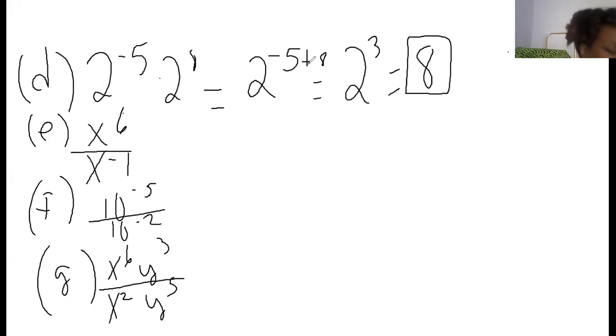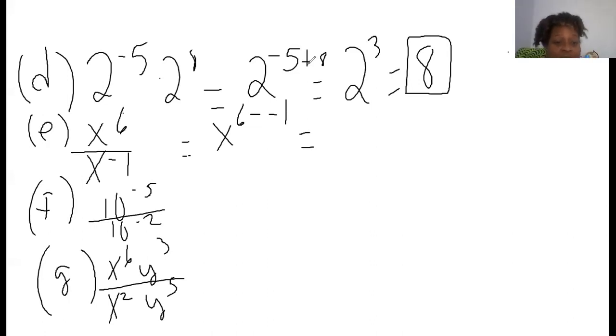Here, given x to the 6 over x to the negative 1, that exponent looks a little odd, but it is a negative 1. So what will occur here again is that we will have to apply the quotient rule and show x to the 6 minus negative 1, because that's a negative 1. So what do I realize there when I subtract?